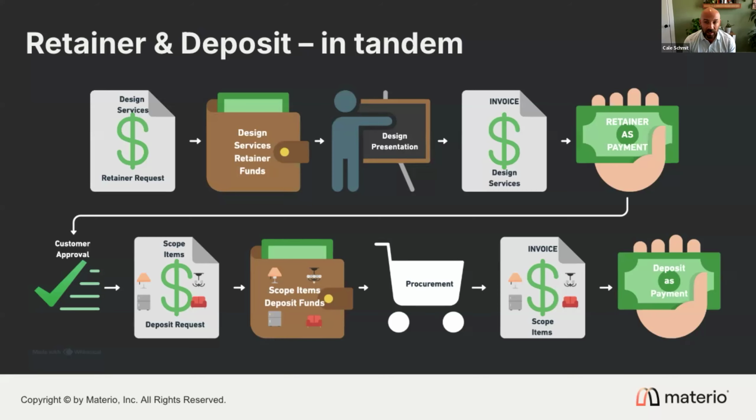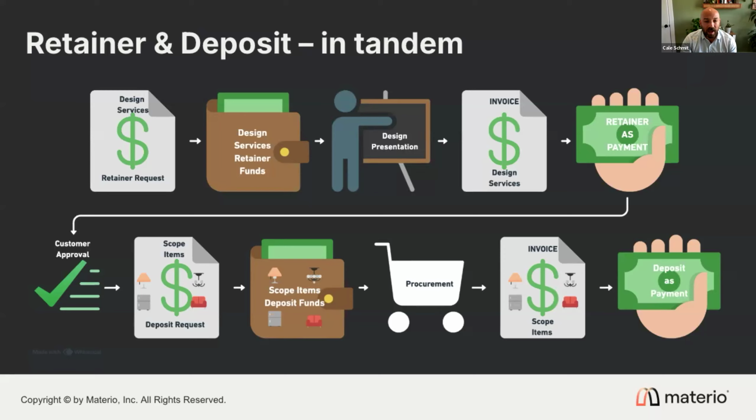So get that money, then go into the procurement process, put that on an invoice after everything is installed in the client space, and then close out the project, and that's when that money becomes your money. So those are the ways to receive money and earn money in Materio.